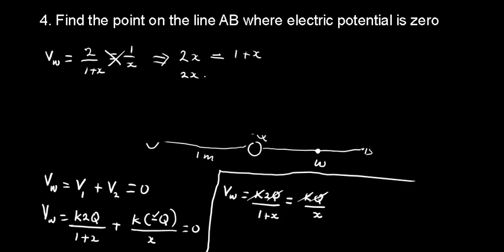So we now have it that x is equal to 1 meter. So that is another point where you place the charge in order to have zero electric potential.